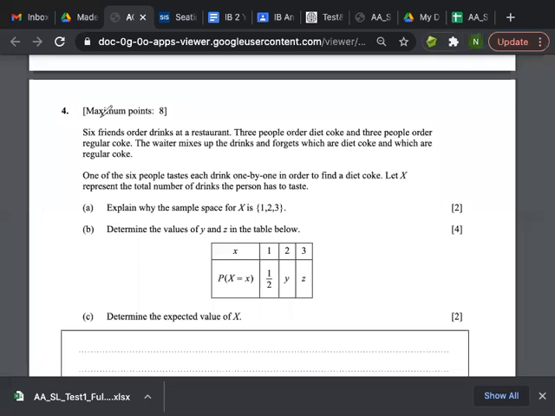If it is a regular Coke, I'm going to pick another cup. What is the probability that it is a Diet Coke? 3/5. Why is it 3/5, Joaquin? Because there's 3 diets, but you already found out that one of them is not diet, so there's 5 out of 6 left. So I only have 5 options now instead of 6, but I still have 3 Cokes remaining.